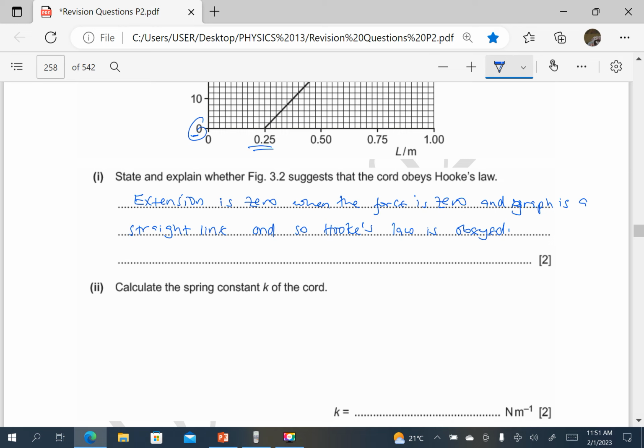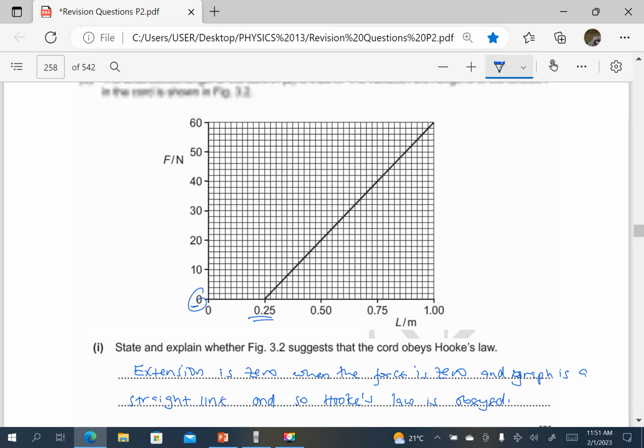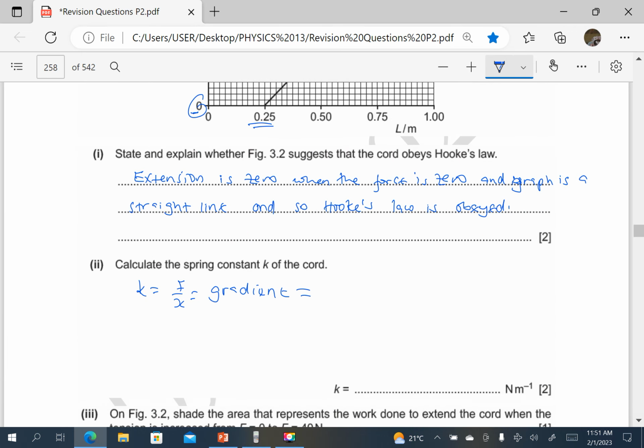Calculate the spring constant. Of course, since it is F against the extension, we can find the spring constant K from F over X, or we can find it from the gradient, which is going to be, on the vertical, 60 minus 0.